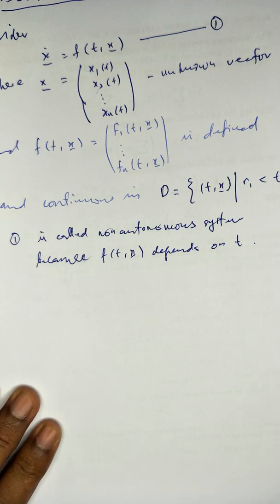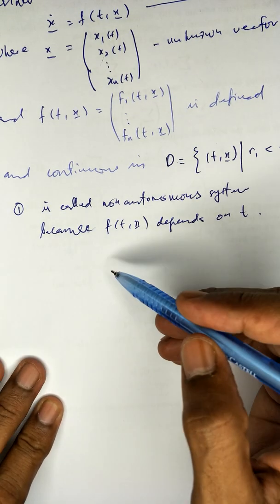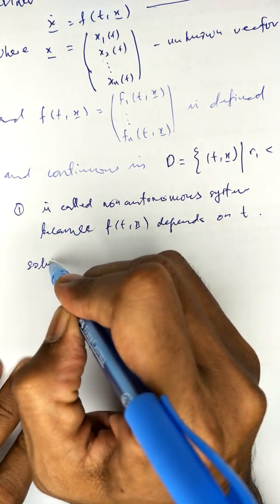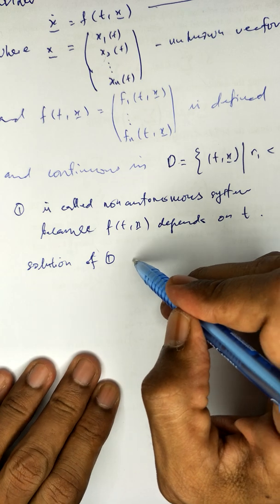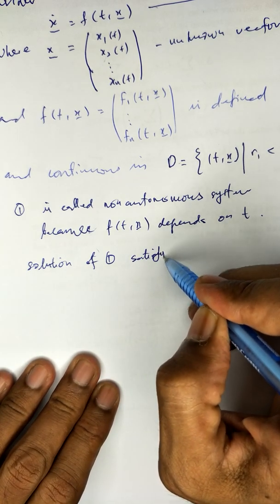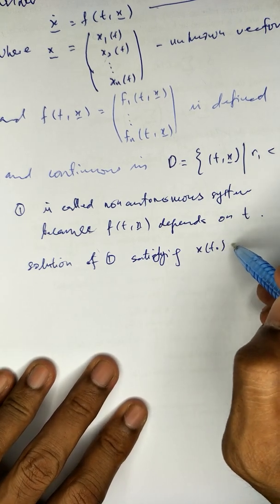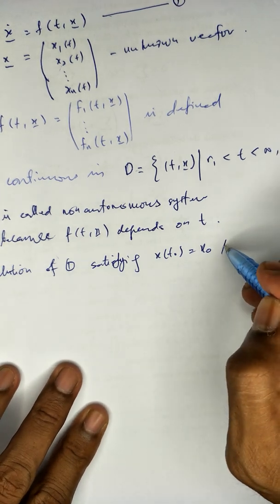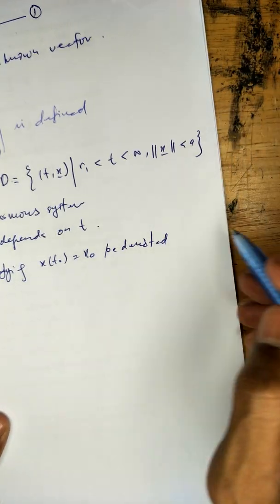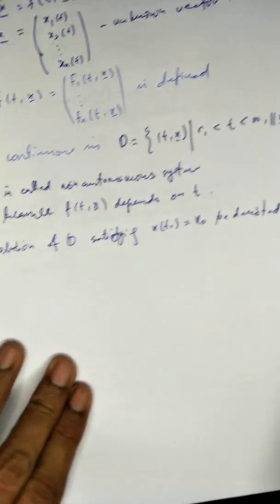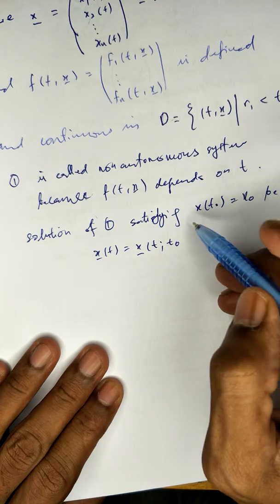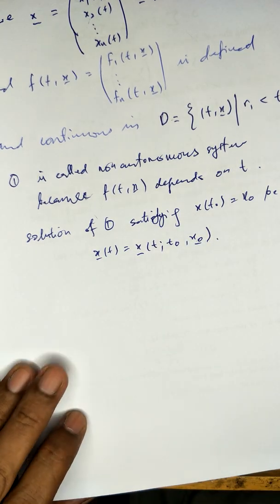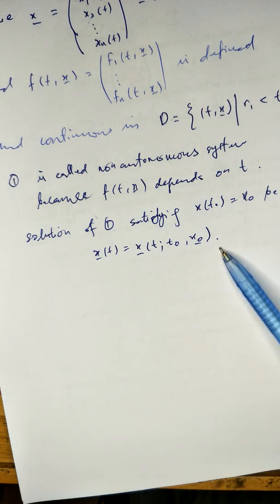A solution of system number 1, not necessarily unique, satisfying x(t naught) equal to x naught, is denoted as x(t) equal to x(t, t naught, x naught). This means the solution of the non-autonomous system.